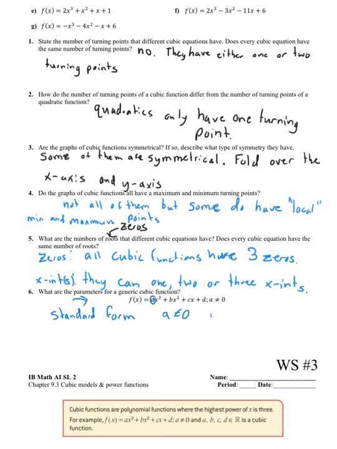That's because if a equals 0, this is a quadratic function, not a cubic function. So that's why we say a cannot equal 0.